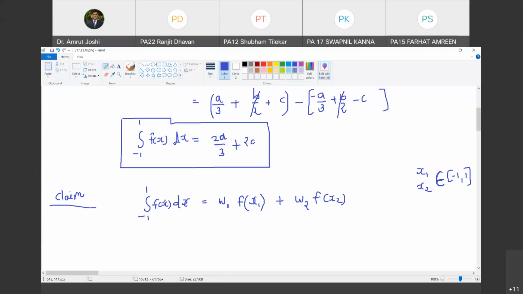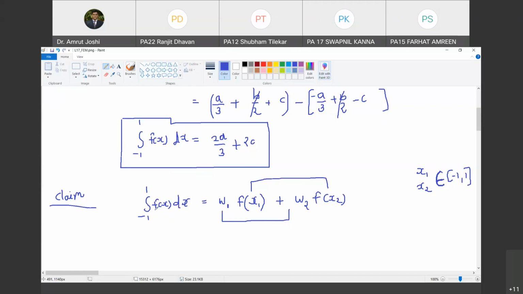So I claim that I have a particular choice of W1, W2, x1 and x2 such that the right hand side becomes exactly equal to the integration from -1 to 1 of f of x dx. Are you with me? Yes, sir. So how is this claim going to be useful?